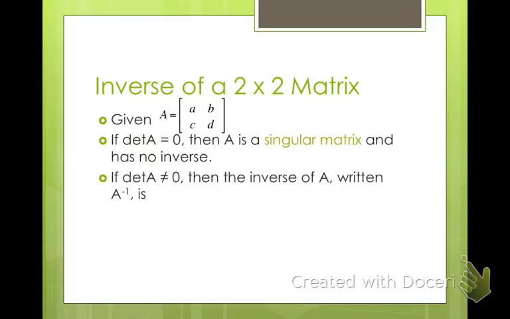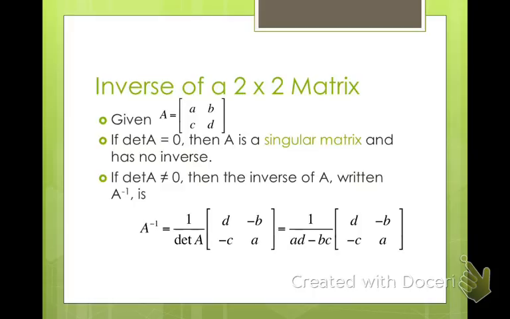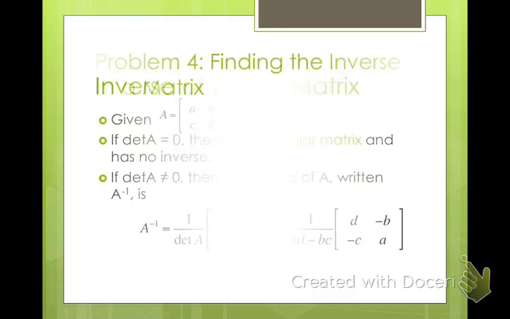But if you get any other number other than 0, you can find your inverse by doing 1 divided by your determinant, and then you switch the places of A and D. So these two have changed places, and your B and C become negative. So switch A and D, change B and C to both negative, and then you put 1 over whatever your determinant is. So it sounds really complicated, but it's not.